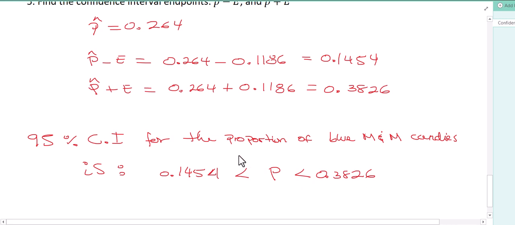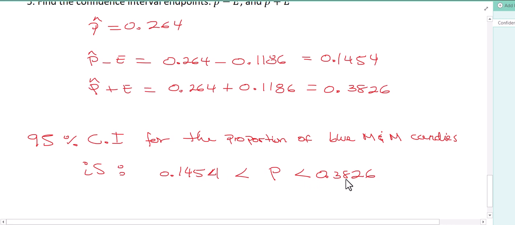So what this says is that with 95% confidence, the true proportion of blue M&M candies is somewhere between 0.1454 and 0.3826.